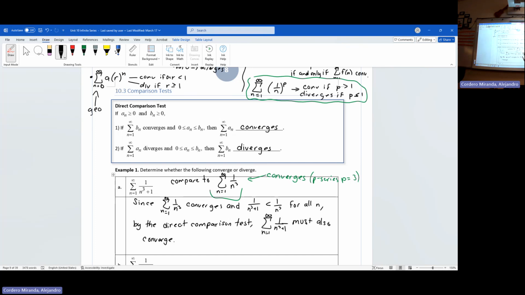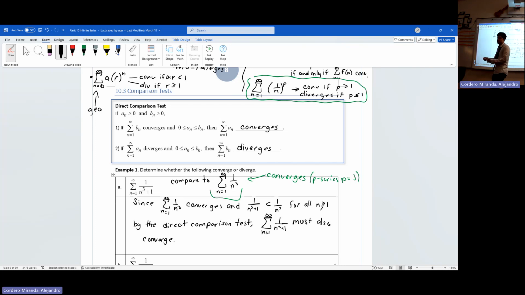Kean's saying I should have been more specific, but I didn't want to overwhelm you with notation. It says, since this converges, and this is true for every n, but really it's true for every n at least 1, which is kind of implied because this original sum was from 1 to infinity. But maybe to be totally clear, I should have said for all n that's at least 1.